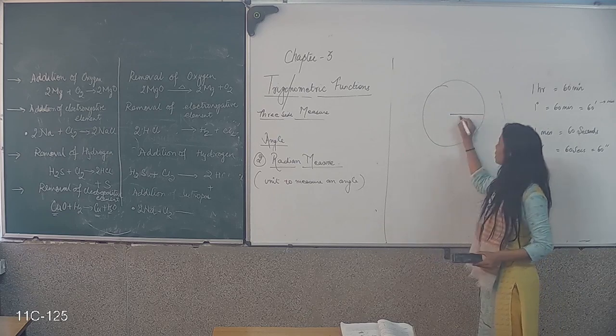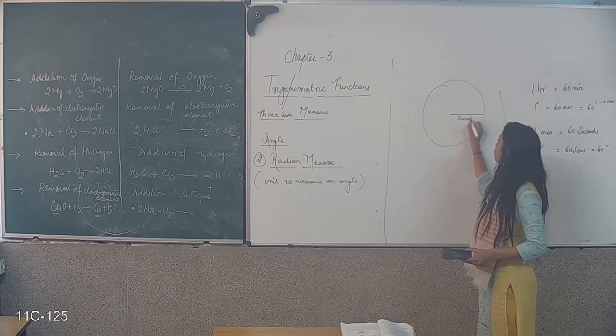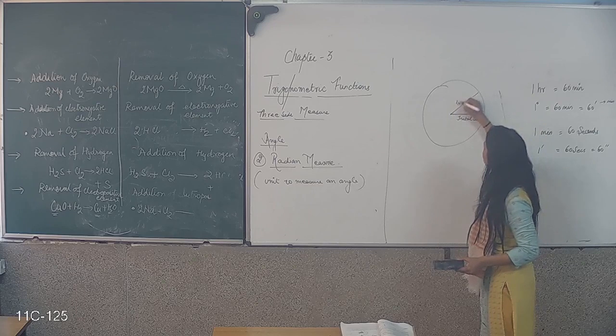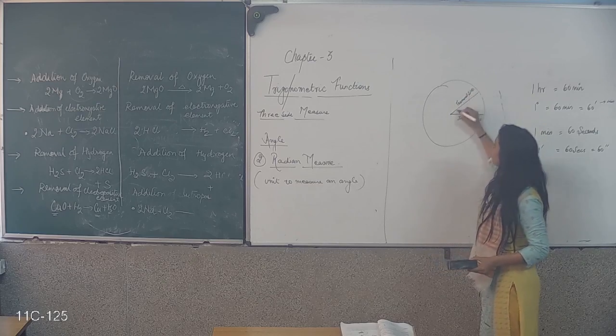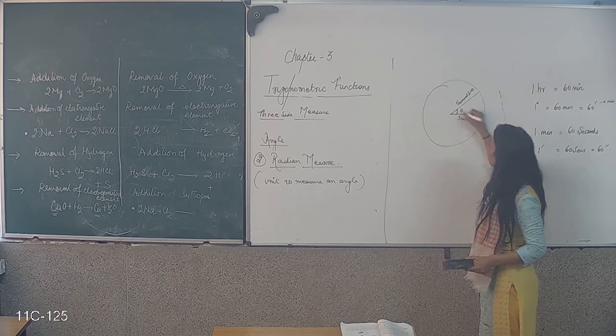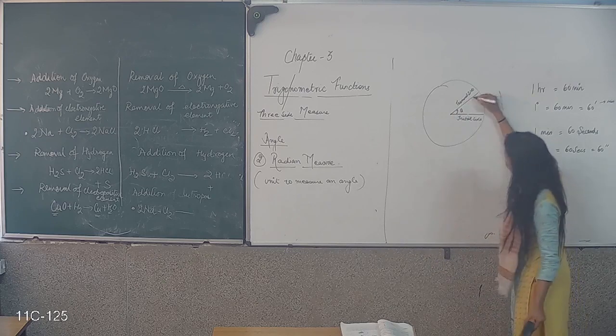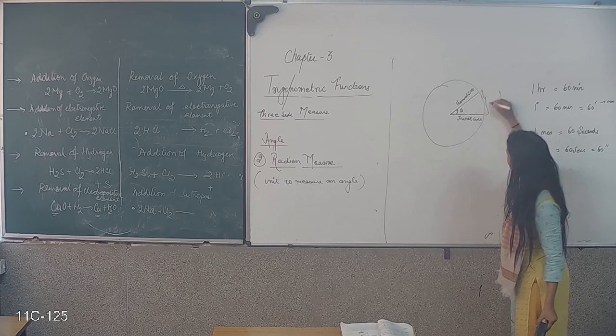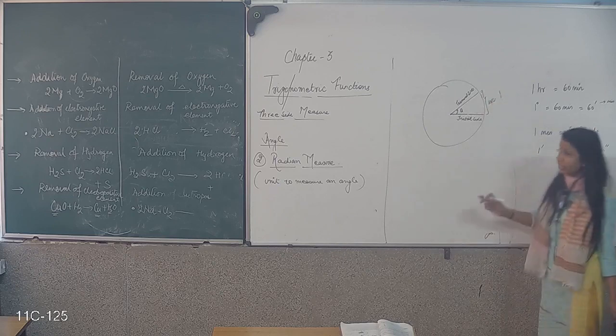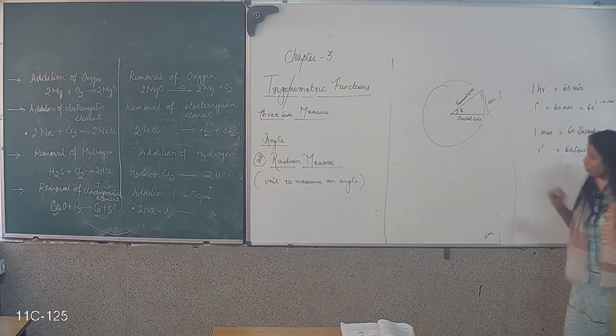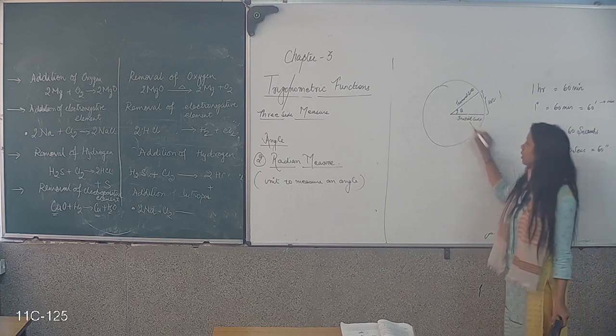For example, this is my initial side. This is my terminal side. Now between them an angle is formed, and what is it formed by? Two sides and an arc. An angle subtended by an arc of a unit circle.